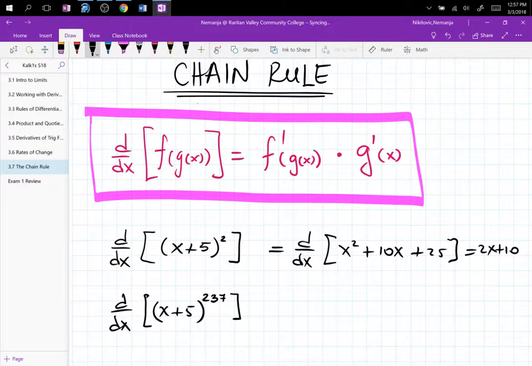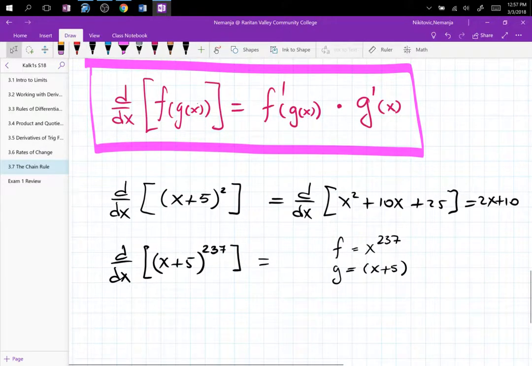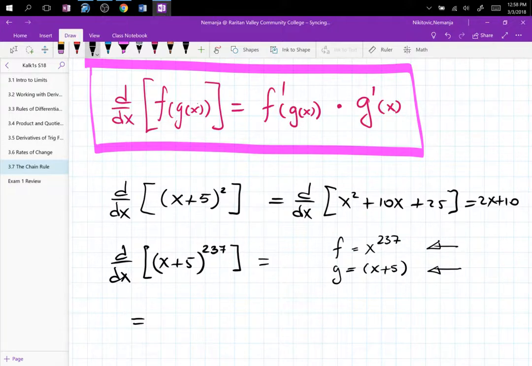Efficiency. So in this case, we are going to use the chain rule. I know that the layer F is x to the 237 and the layer G is x plus 5. So I am taking derivatives of these and they're easy because they're basic. Combined, not so basic, not so easy, right? So where do I start?